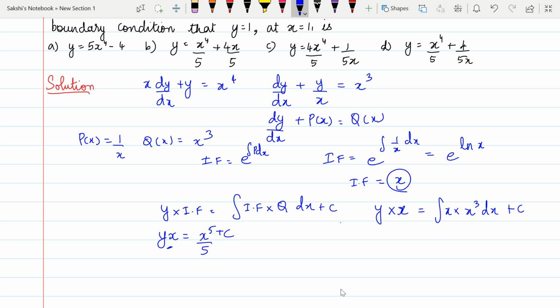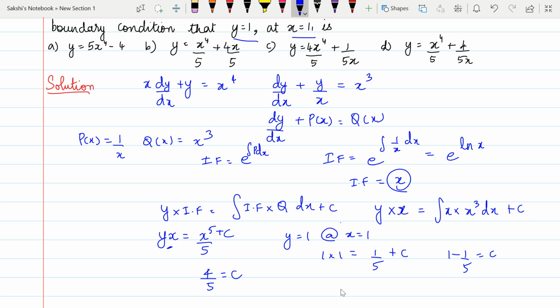Now we have to find this integration constant. We have the boundary condition that y is equal to 1 at x is equal to 1. Therefore, 1 into 1 is equal to 1 by 5 plus c. So 1 minus 1 by 5 is equal to c, so 5 minus 1 will be 4 by 5 is equal to c.